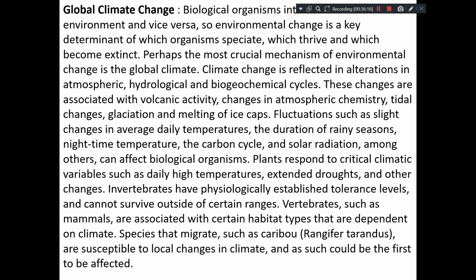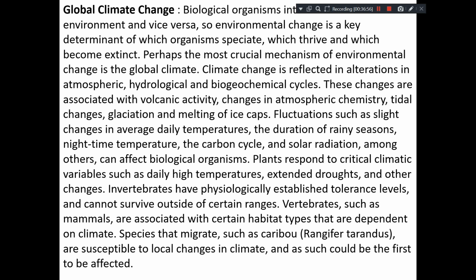Then added to this, we are all talking about global climate change. Biological organisms in the environment are affected. So environmental change or climate change, even global warming. Every year is becoming hotter and hotter, year by year. When there's a climate change, see, any organism, either plant or animal, has evolved and adapted to its natural environment.